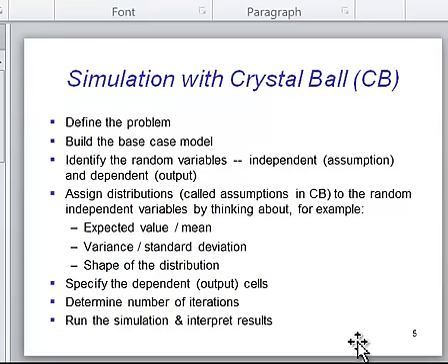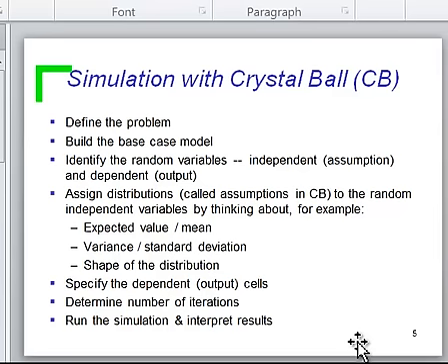The next step is that we want to determine the number of iterations or replications, runs of the model, scenarios that we want to simulate in the model. With the data table example, we had 48. We plugged in 48 different combinations of our two input parameters. With Crystal Ball, we often want to run more iterations. As the book tells us, many more.